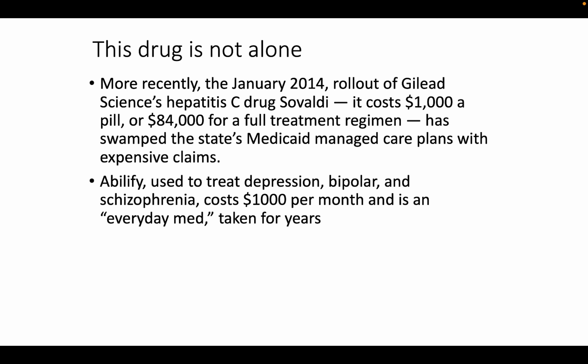So another drug that allows the treatment of hepatitis C is called Sovaldi, and that costs $1,000 a pill, and you take that for 12 weeks, and it's $84,000 for the full regimen. And this has really impacted things like the state Medicaid plans and so on.